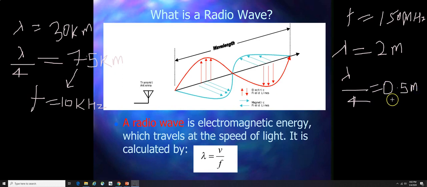So you can see how drastically the size of the antenna has been reduced when you have increased the frequency. This illustrates how we can reduce the size of the antenna by increasing the frequency.